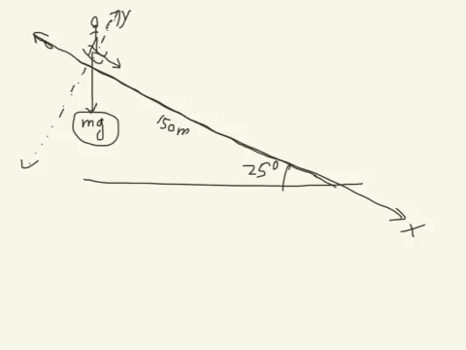And then the component of mg along the y-axis would be almost the full length of the mg vector. So here's our rectangle. The short side is the one going parallel to the slope.